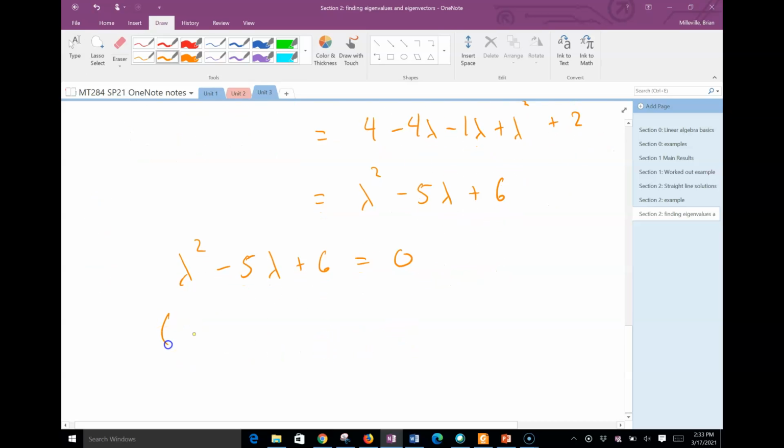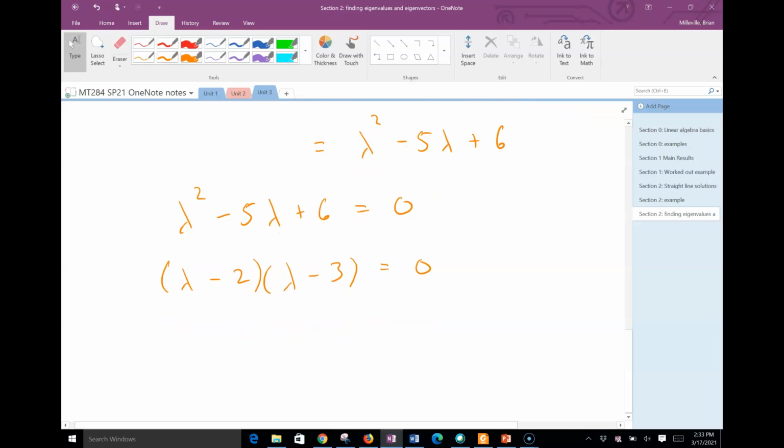We can solve this by factoring or with the quadratic formula. I'll just factor it. We're going to look for numbers that multiply to positive 6 and add up to negative 5, and the only two numbers that work are negative 2 and negative 3.